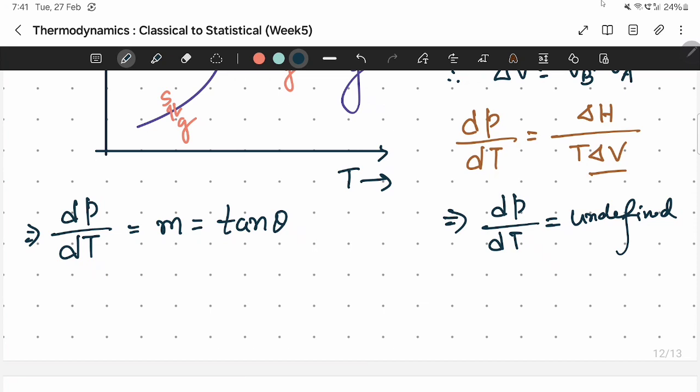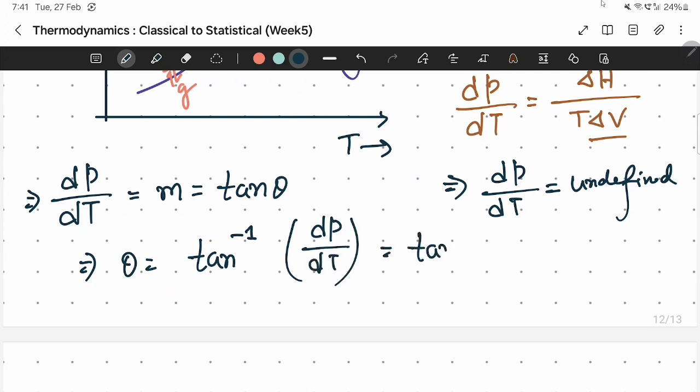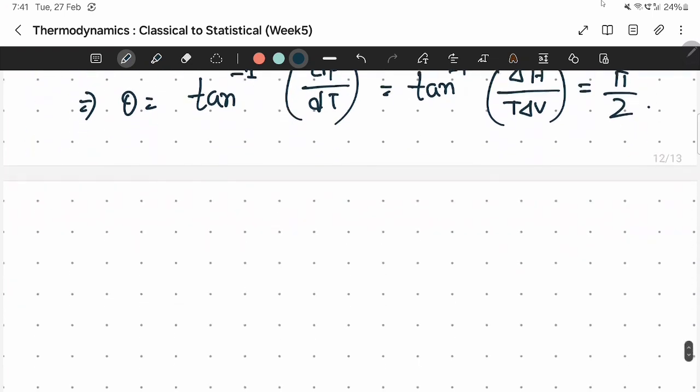So we can write theta equals tan inverse of dP dT. So it should be pi by 2. Okay, so the angle is pi by 2.